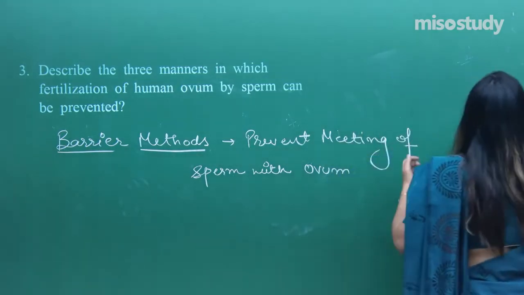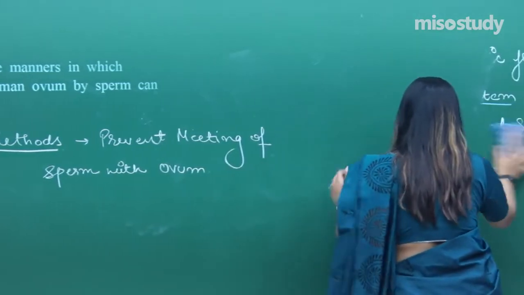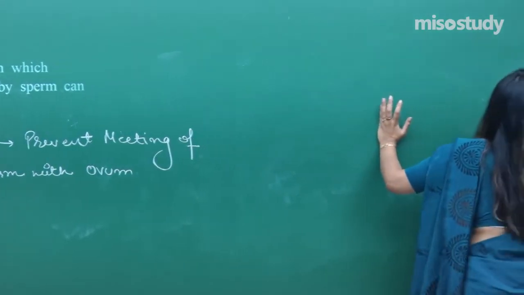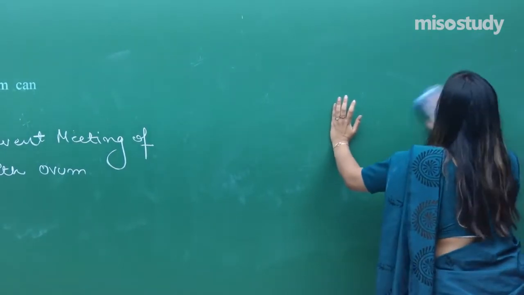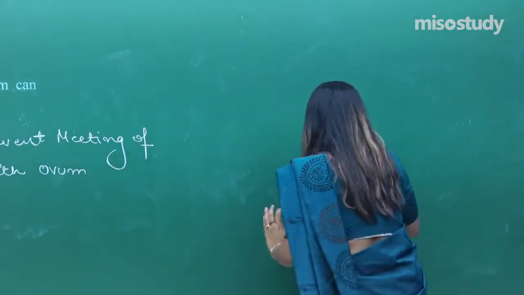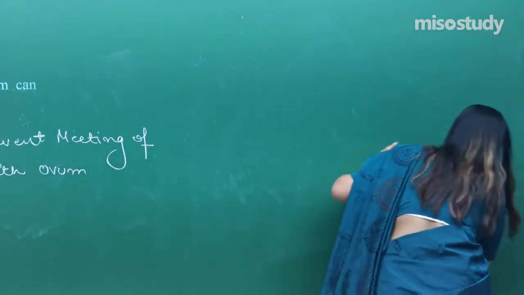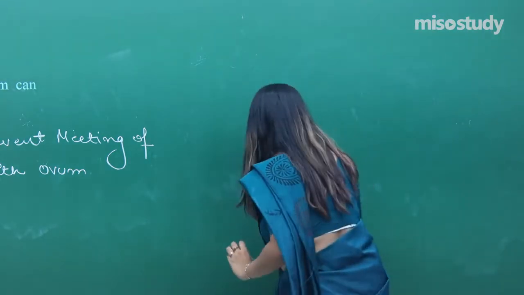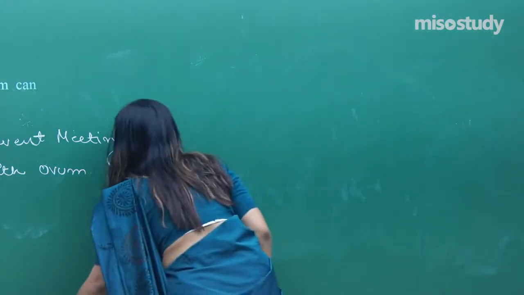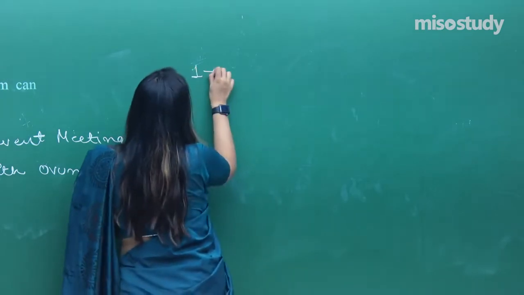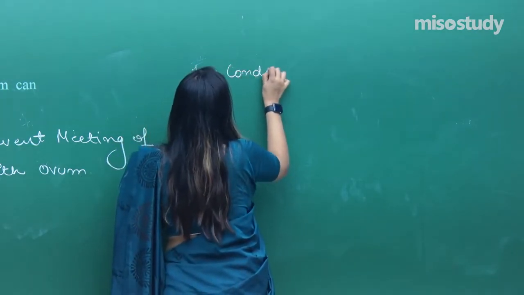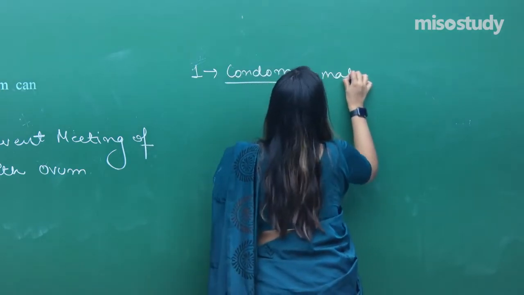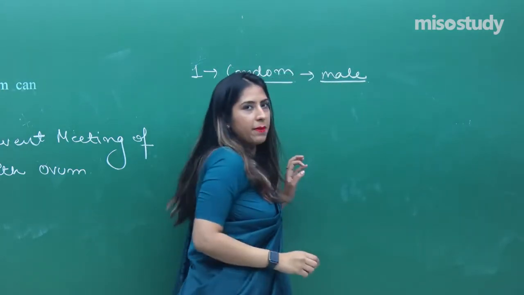So students, come at this side. First barrier method is the condom, and these are used by males, right?